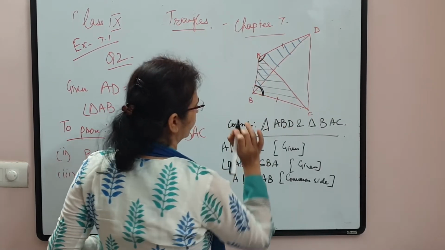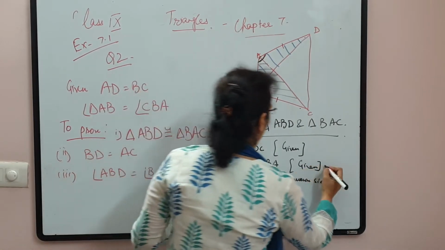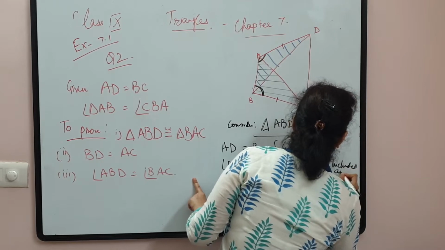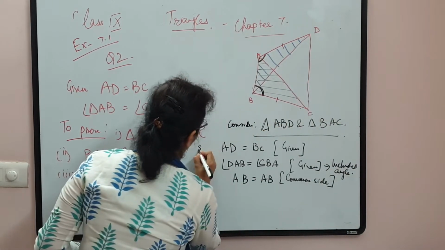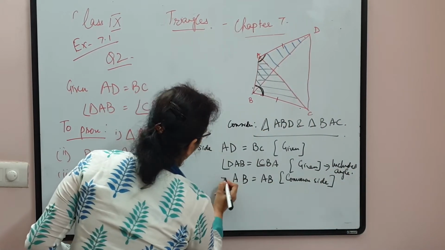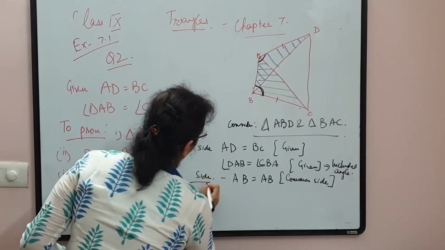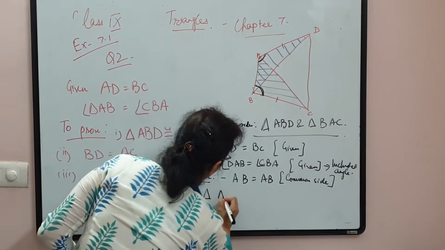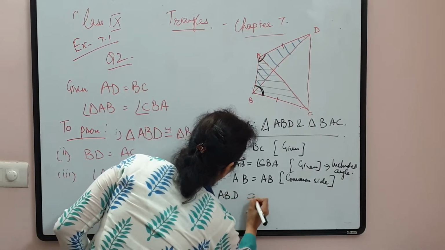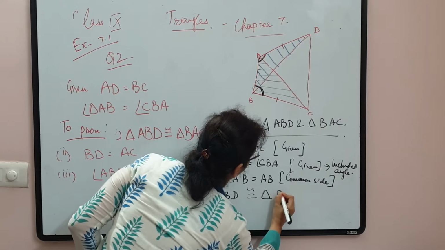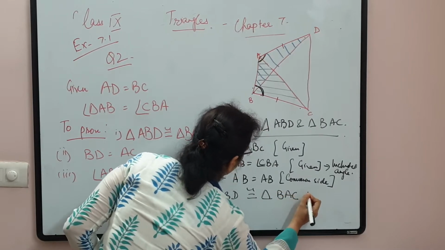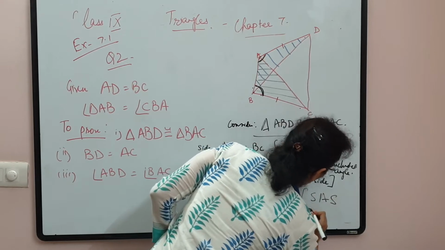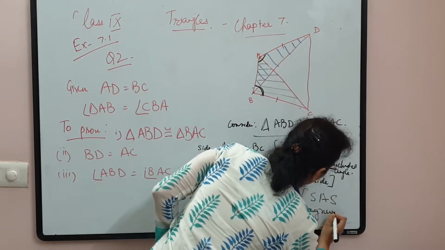That means it is an included angle. So, side, included angle, side. Therefore, triangle ABD is congruent to triangle BAC by SAS congruence rule.